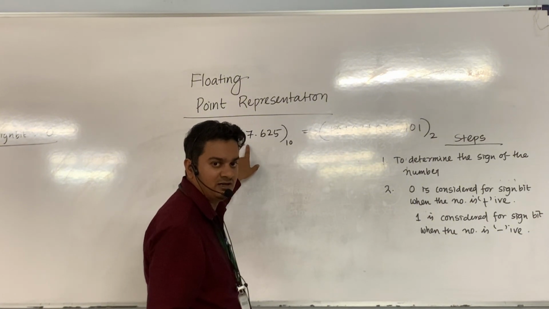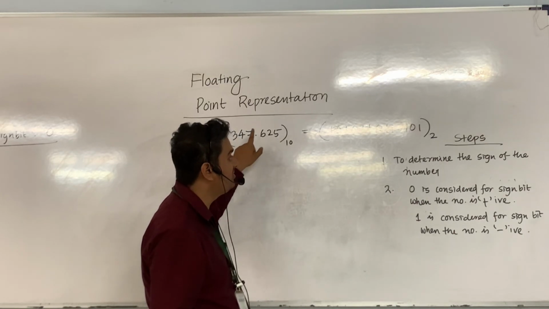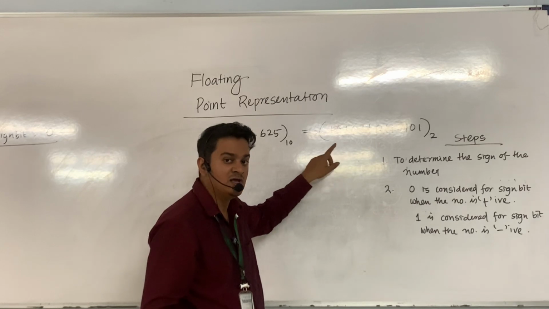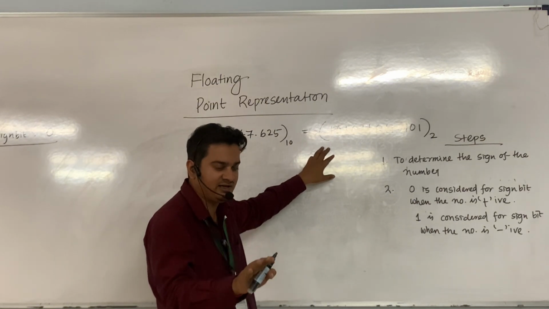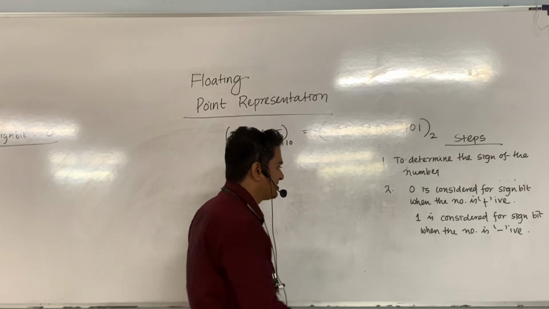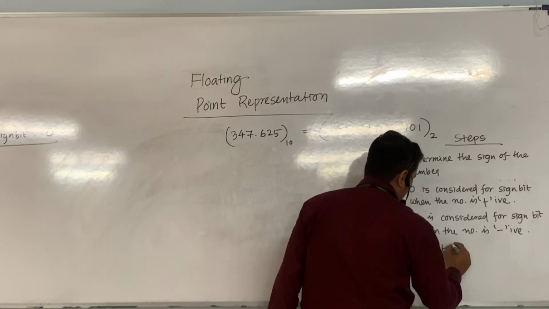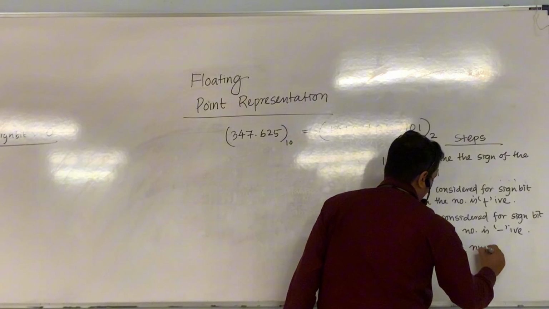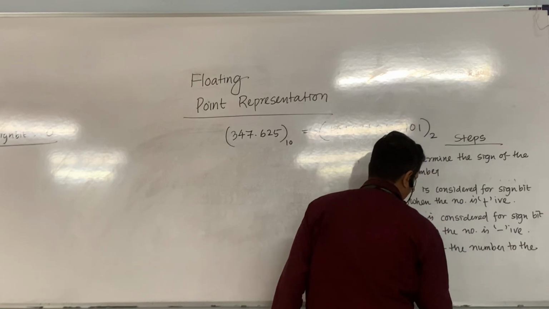If any other number like a decimal, octal, or hexadecimal number is given, you have to convert it to binary. So I am including this step, which I had already done at the beginning, in step 3: convert the number to binary.